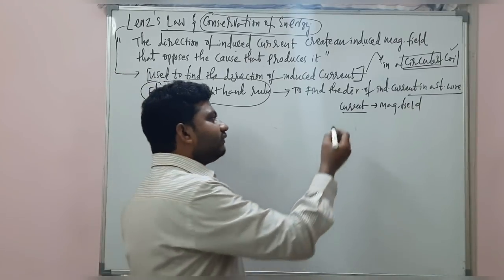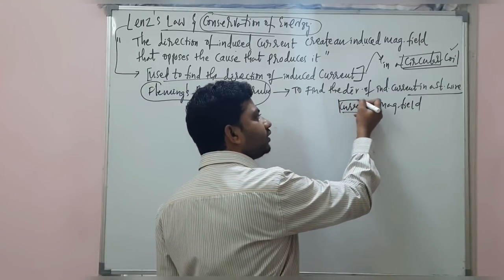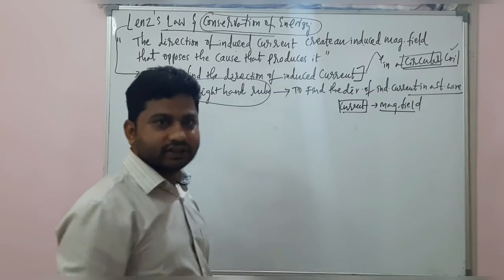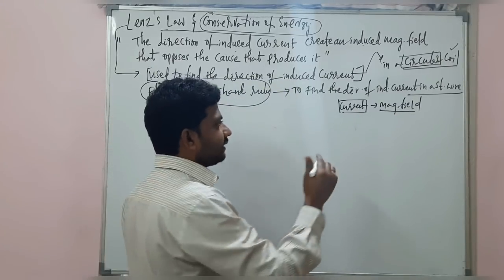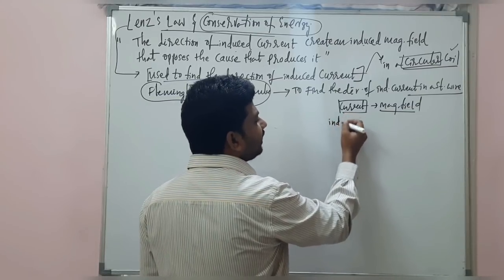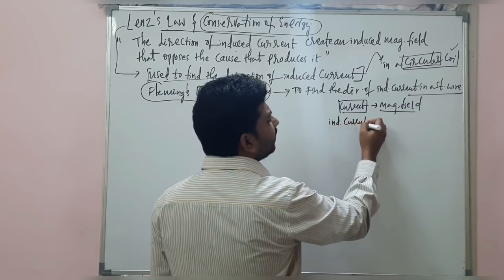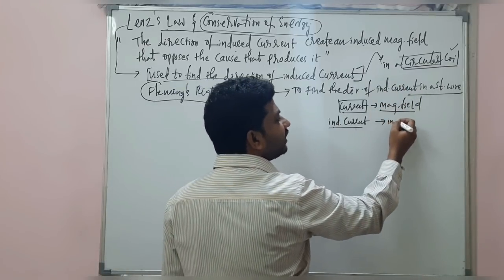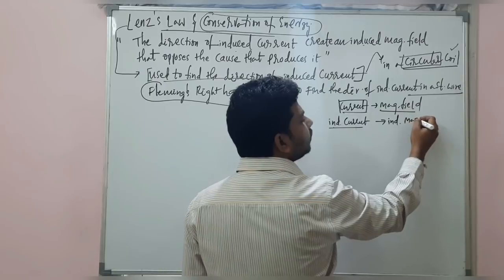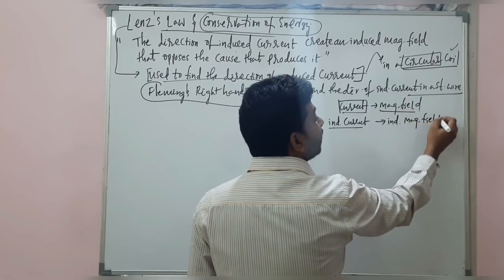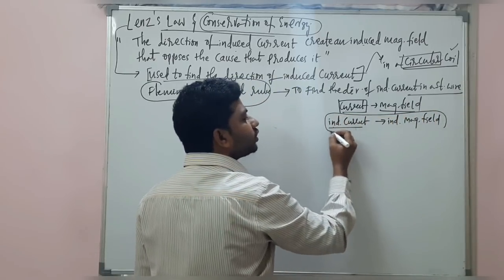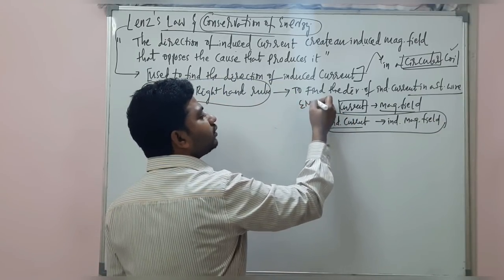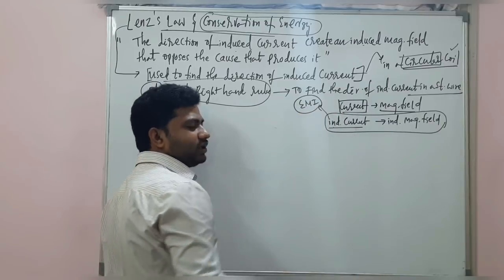Whenever there is a current passing through a coil or a wire, there is a magnetic field associated with it. For example, if this current is induced current, the induced current will produce a magnetic field, and that is called induced magnetic field. This concept comes when an electromagnetic induction phenomenon takes place.